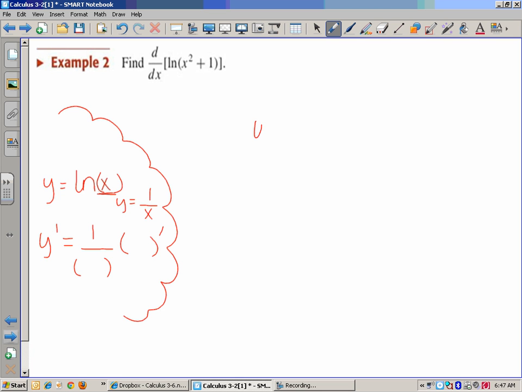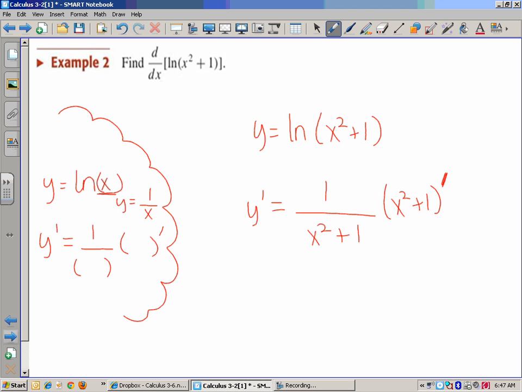So in this case, y equals the natural log of x squared plus 1. When we take y prime, it's going to be 1 over x squared plus 1 times the derivative of that thing, and this is because of the chain rule. So for my final answer, I'm going to finish on the next line.